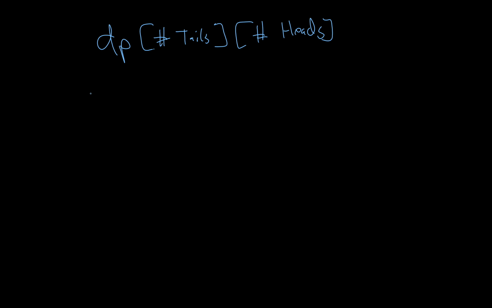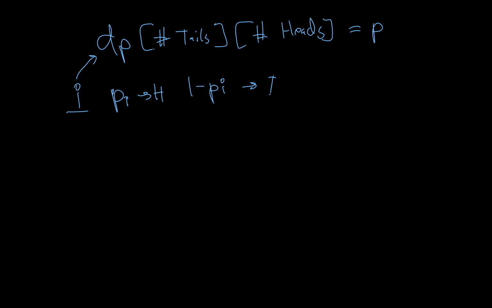Now, if you're taking some i, we can say the probability is p_i for heads and 1 minus p_i for tails. So if we use this as our DP, for each i we can loop over all values of this DP and see which ones have a probability of more than 0.